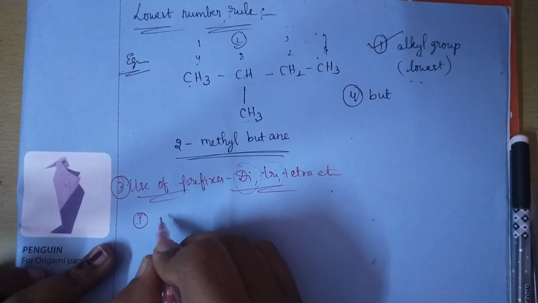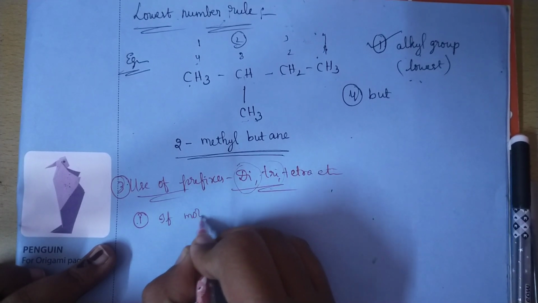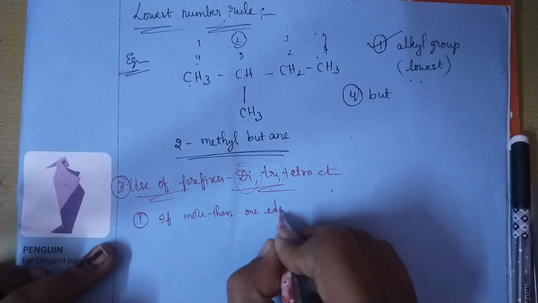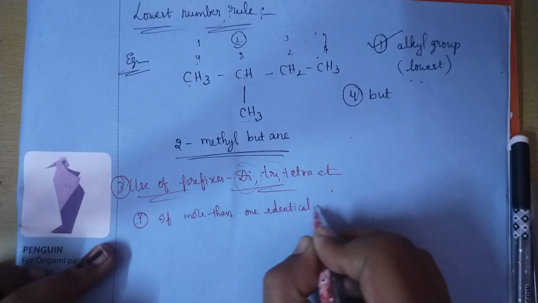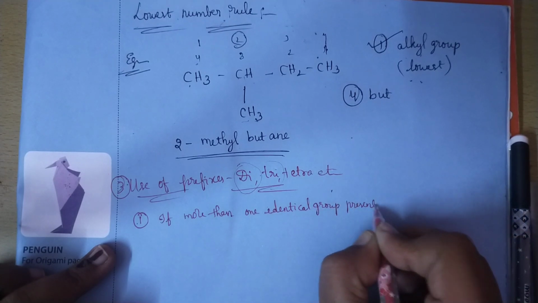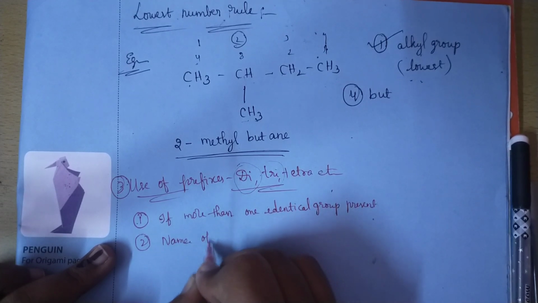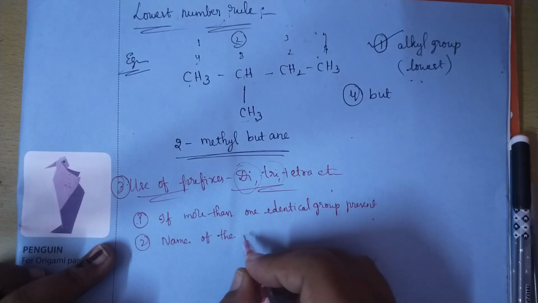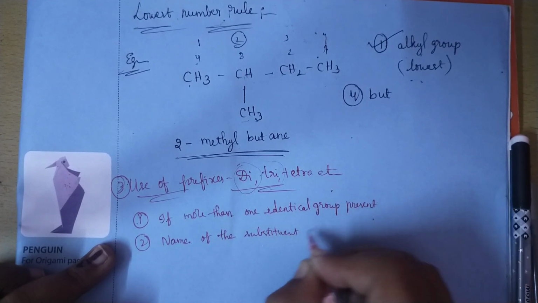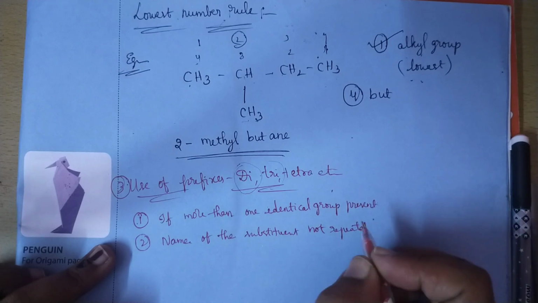The first point is if more than one identical group is present. And the second one is that the name of the substituent should not be repeated.